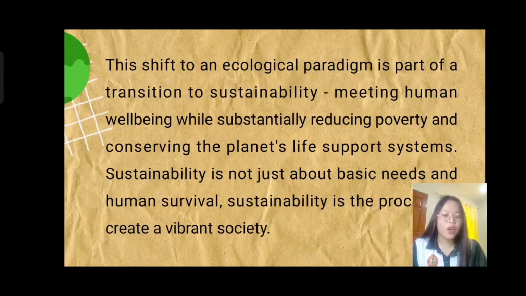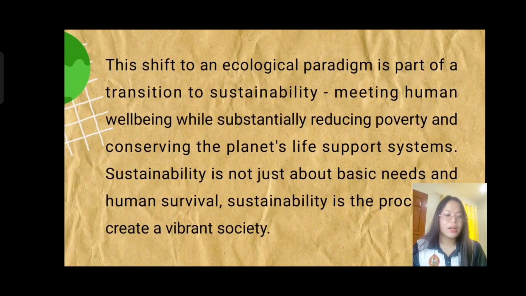So, moving to an ecological paradigm means changing the way we think about our lives on our planet. And this change is part of a larger shift towards sustainability.